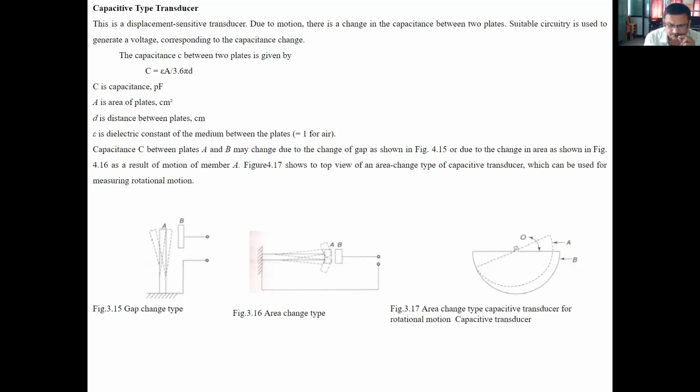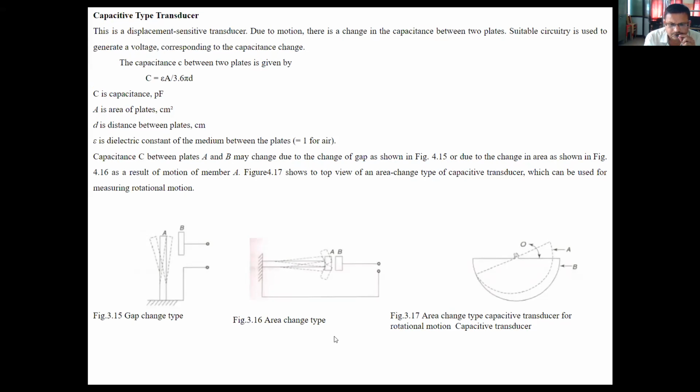And the third figure 3.17 shows an area change type capacitive transducer for rotational motion.